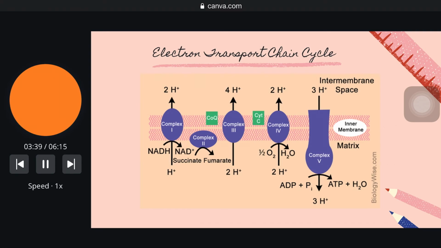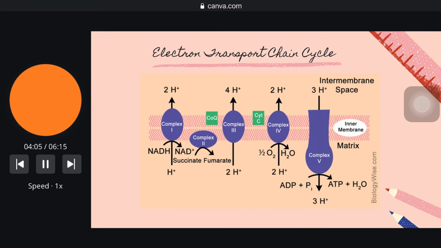This again creates a proton pump, pumping 4 protons from the matrix through complex 3 directly into the intermembrane space of the mitochondrion. The electrons are now shuttled from complex 3 to complex 4 by mobile carrier C. As the electrons transfer onto cytochrome complex 4, it immediately goes through another redox reaction.